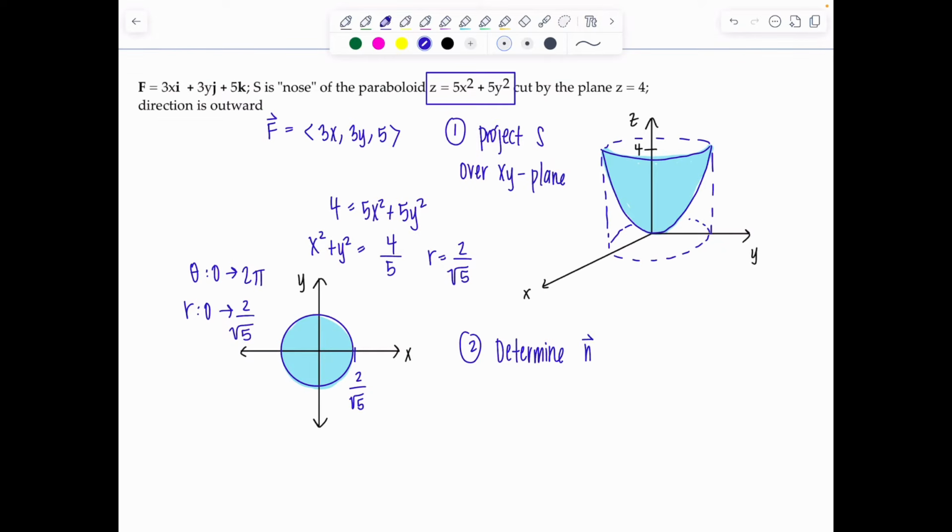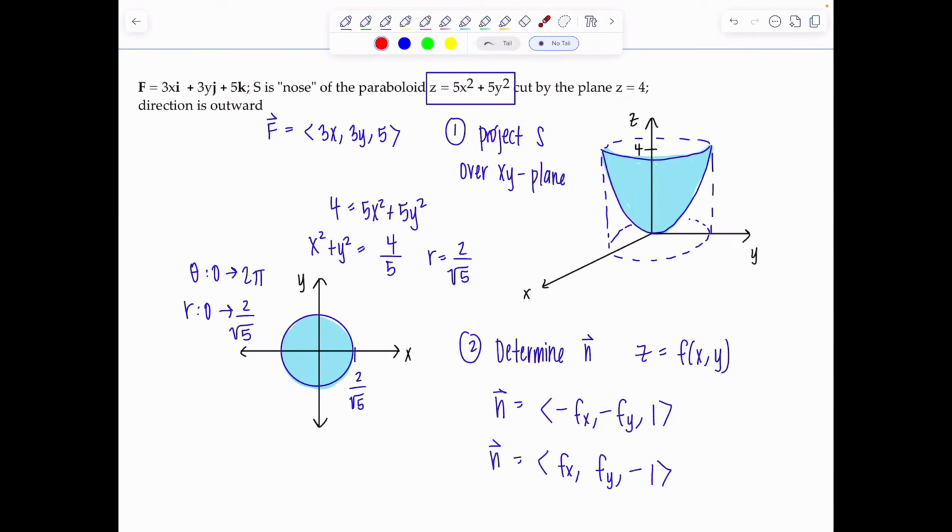Next, we have to determine n. Again, our surface z is a function of x and y. So our options for n are negative partial with respect to x, negative partial with respect to y, 1, or partial with respect to x, partial with respect to y, negative 1. How do I know which one? Draw your stick figure, and you need to pretend it's you, actually. Let's make this personal. You need to be outside the surface, okay?